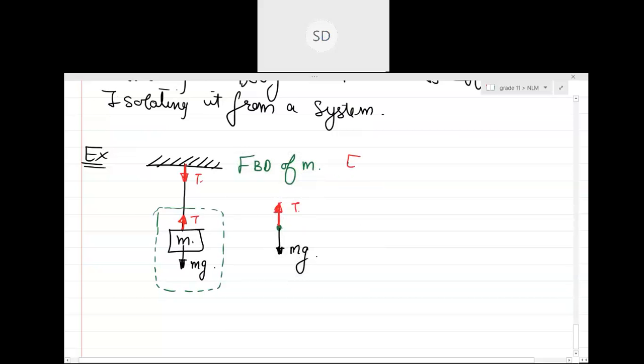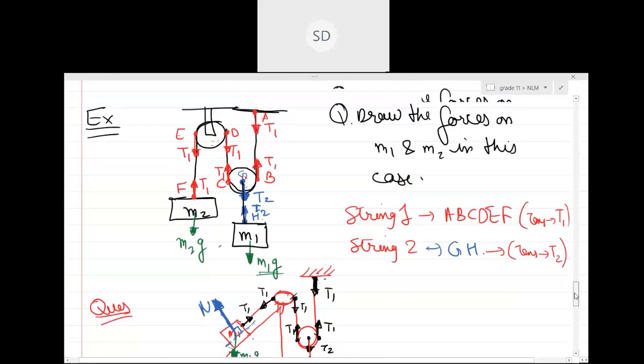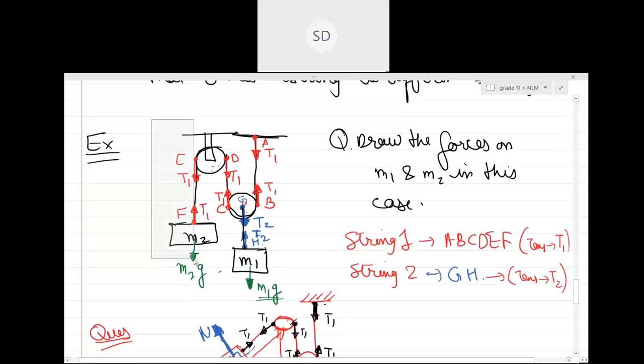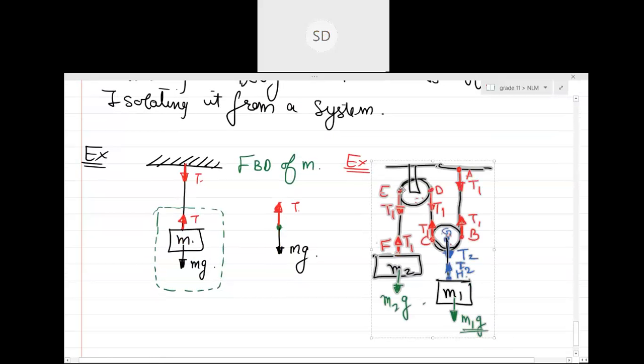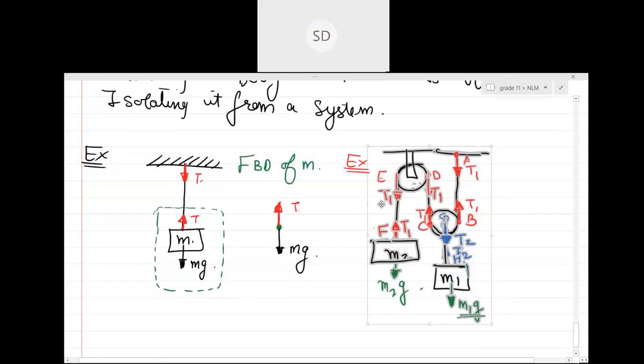We'll take one more example, the example which we just discussed over here. So now, guys, can you see how many objects are there in this system?